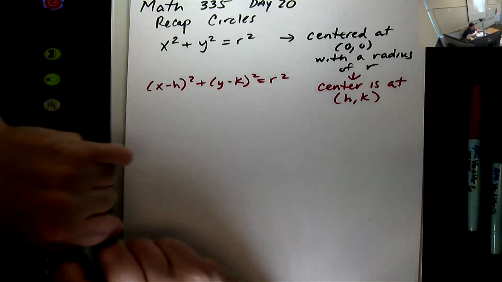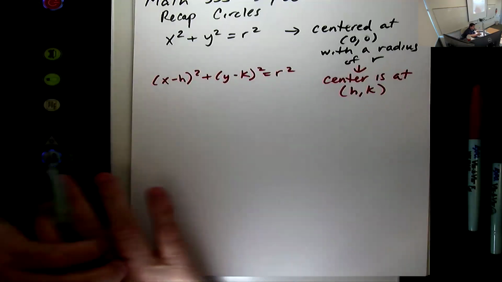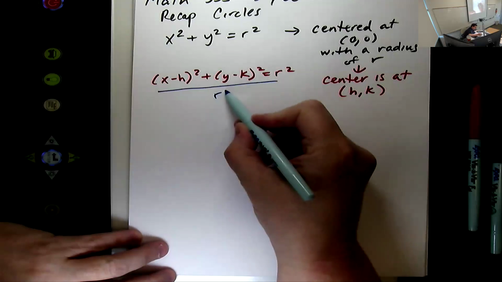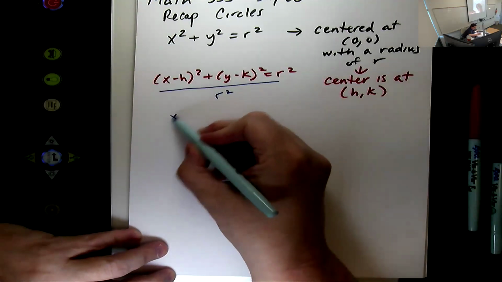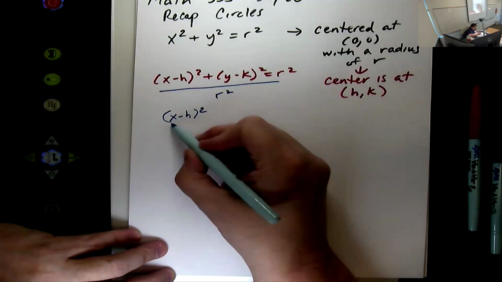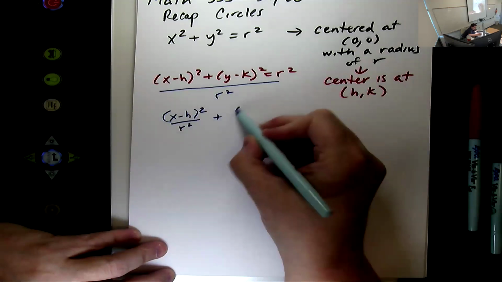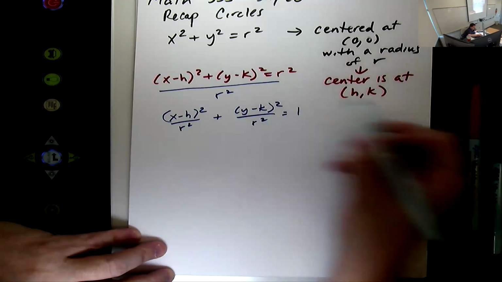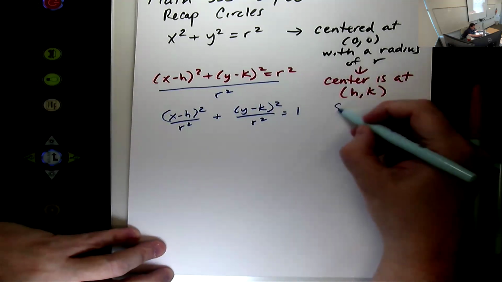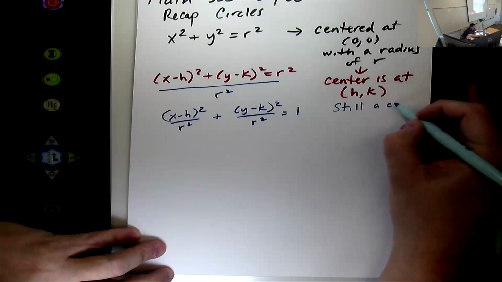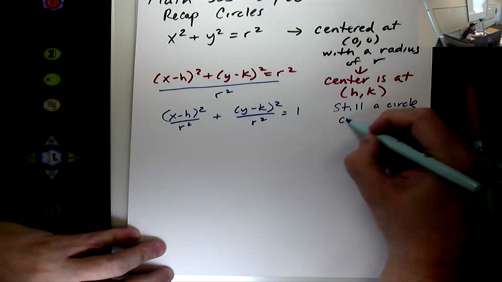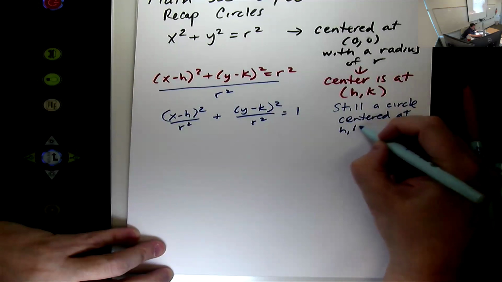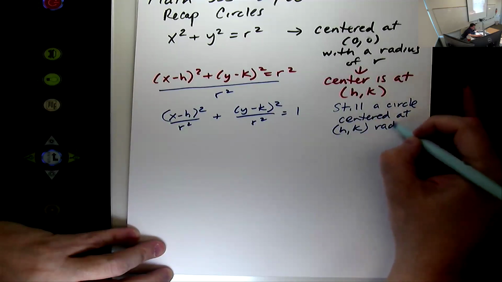To motivate this a little bit better, I'm going to do this in the main course, but I think it's helpful for you guys. If I divide everything by r squared, I get (x minus h) squared over r squared plus (y minus k) squared over r squared equals 1. Still a circle centered at (h, k), radius r.